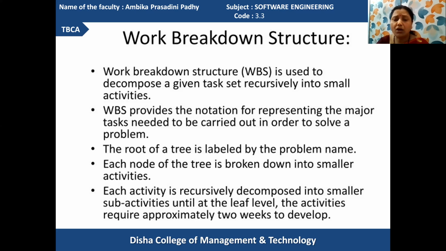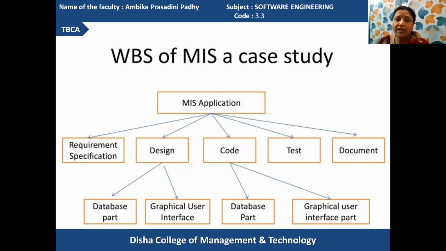Got it? So how the product is decomposed into main module and sub-modules, we can identify by looking at a case study of an MIS, Management Information System. Let us take one example of a Management Information System, which we previously discussed in our cost estimation part. In the Management Information System, you have several parts of activities to be executed, identified at the beginning.